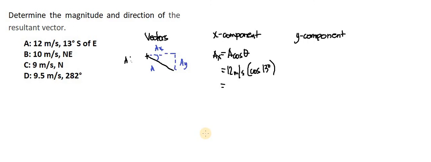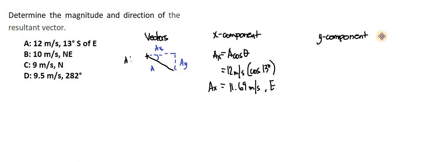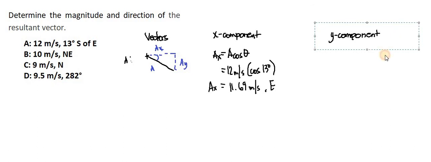That is 11.69 meter per second. And direction is going east. Dapat ilalagay yung direction kasi later on, meron siyang significance, diba? Pag magsosolve na tayo ng r sub x and r sub y.